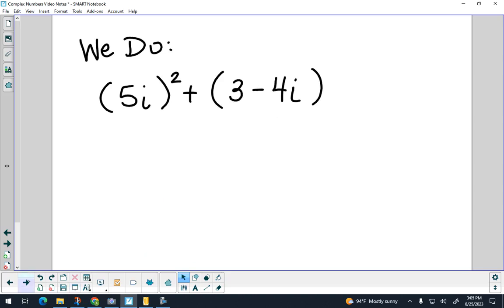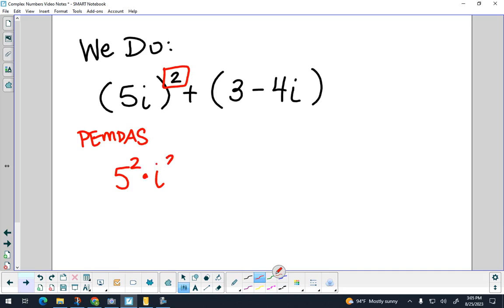Let's do another one. This time it looks a little bit different as our setup. Let's notice that we have an exponent here. We're still adding, but we have an exponent. And remember with PEMDAS, we're going to follow PEMDAS the same, that it tells us to do our exponent. So we want to tell ourselves that this is 5 squared times i squared. Okay, that square goes to both of them.